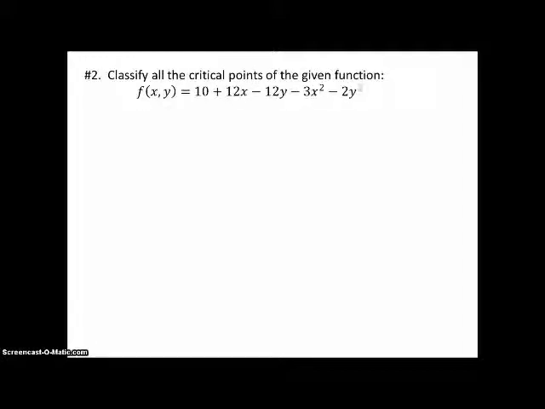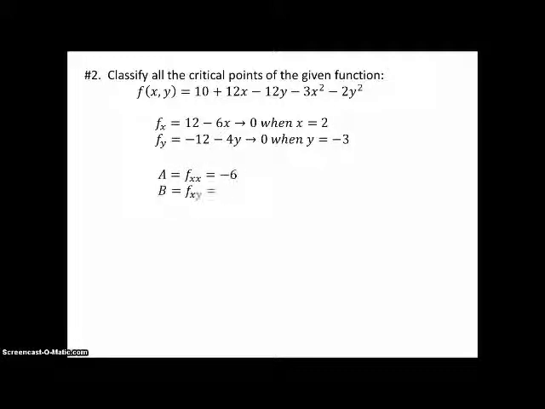Number 2, classify all the critical points of the given function of two variables. So we need the partial derivatives with respect to x and y, and then we need to find their zeros. And this particular function only gives us one possible critical point.